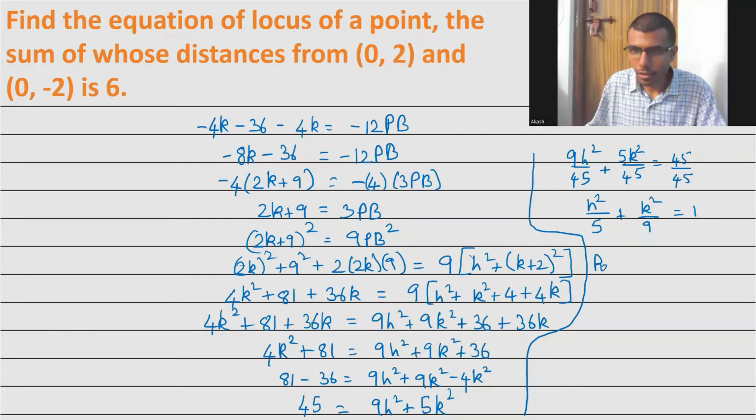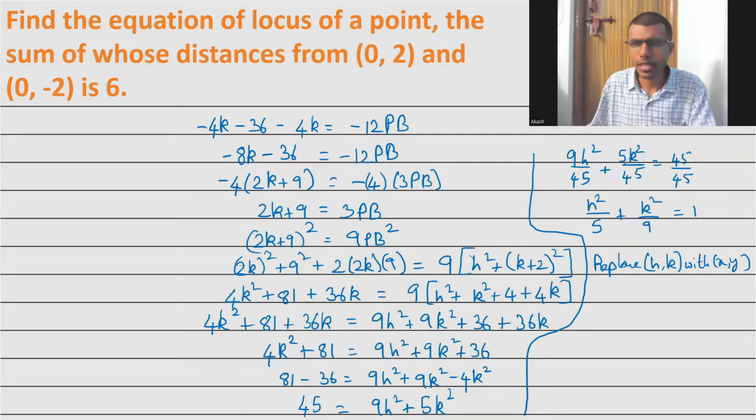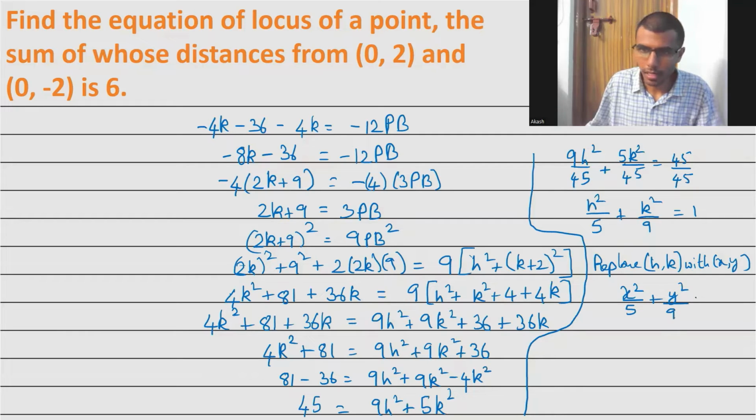Now replace h comma k with x comma y, because all our equations are generally in the form of x y, so that's why I'm replacing this. So I get x square by 5 plus y square by 9 is equal to 1.